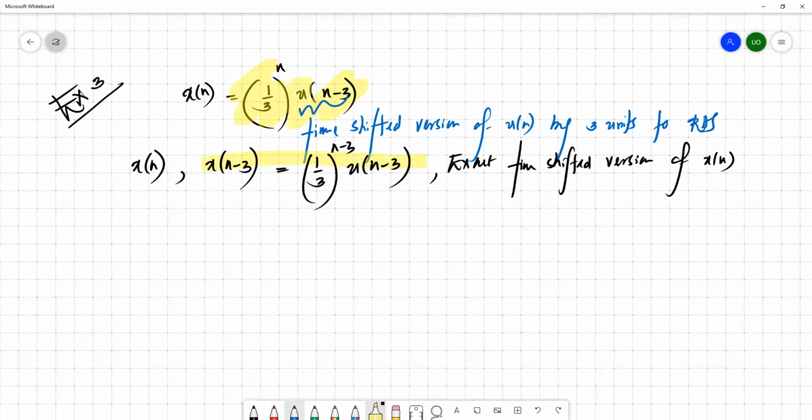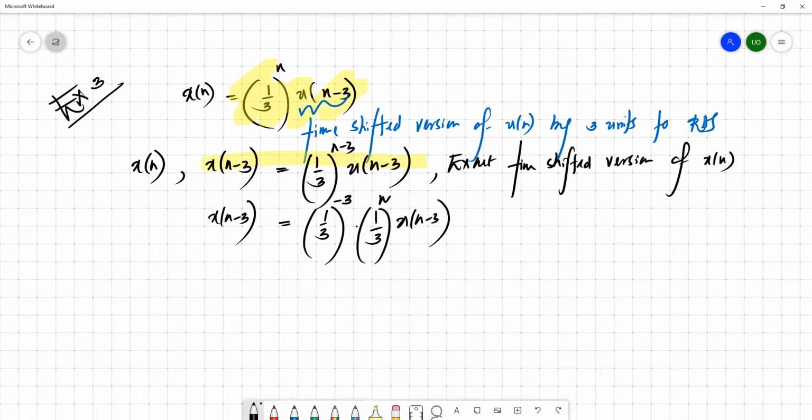Then what we can simply do is adjust the terms. So we can simply put it like this, (1/3)^(n-3) u[n-3]. Okay, so this is x[n-3].